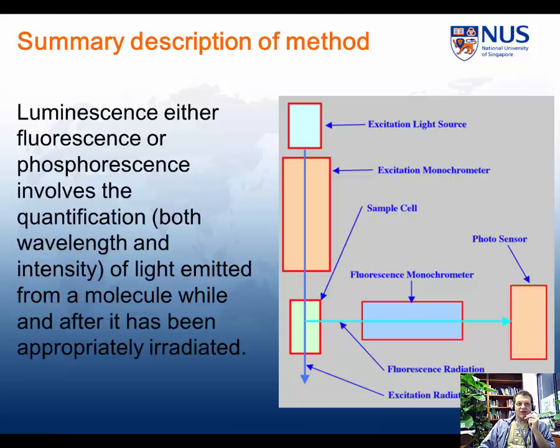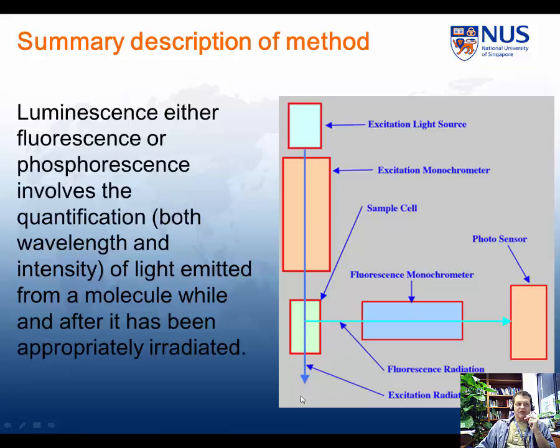Okay, so let's think for a moment about the equipment and how it is set up to measure the phenomenon. So we start with a light source and a way of tuning that light source to give you specific wavelengths.